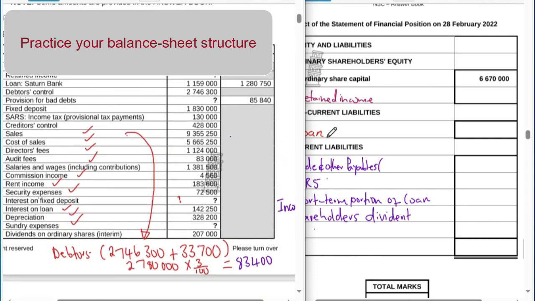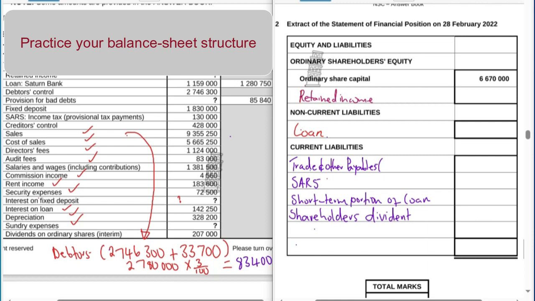And then loan during 2022, as everything has been recorded, we closed using how much?